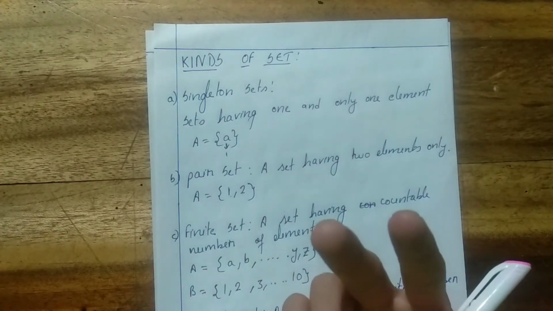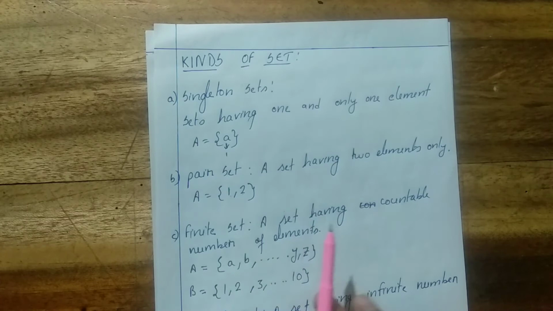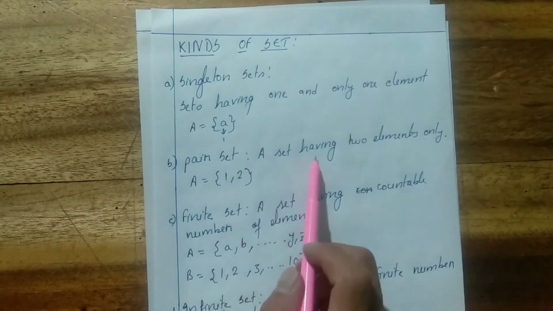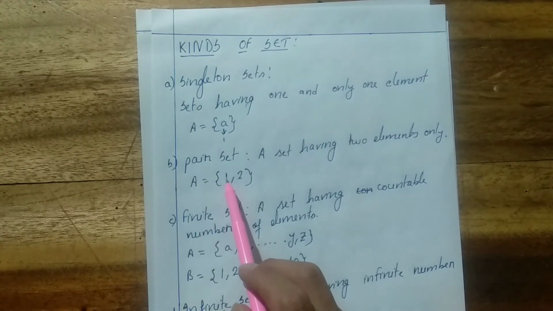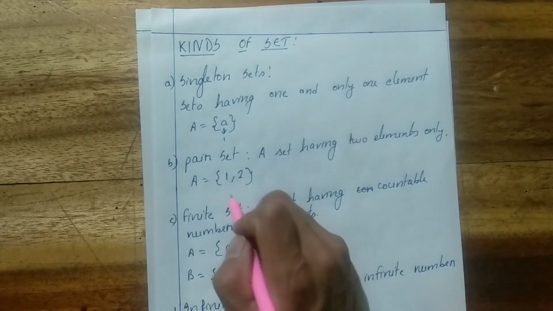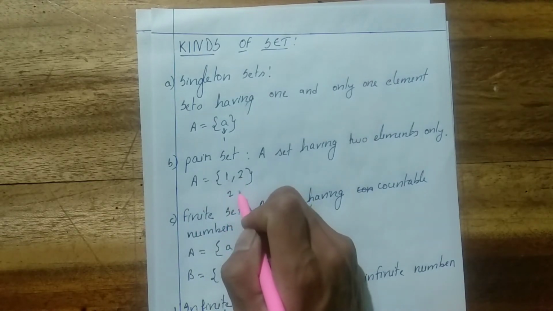Pair, which we all know means two, right? So a set having two elements only. Set A equals {1, 2}, which is two elements.